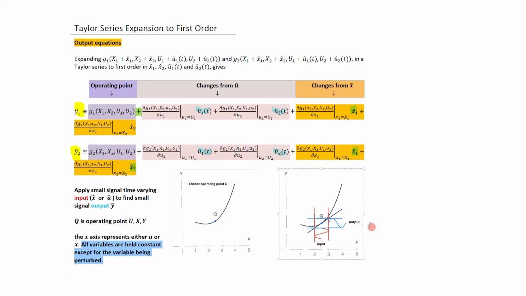You could then pick all different points along here, and as you trace out the input, you'd be tracing the output. You could do that also for x2 and y1, and also u1, y1, u2, y1, u2, y2, u1, y2. So all different combinations you can do with a simple graph of this nature. This is basically how to visualize what's going on.